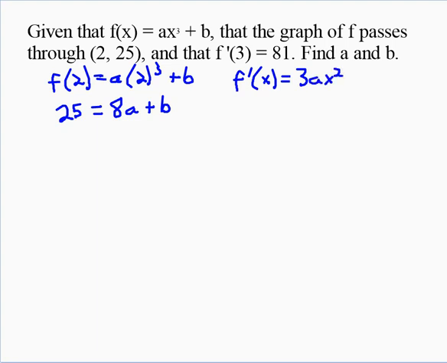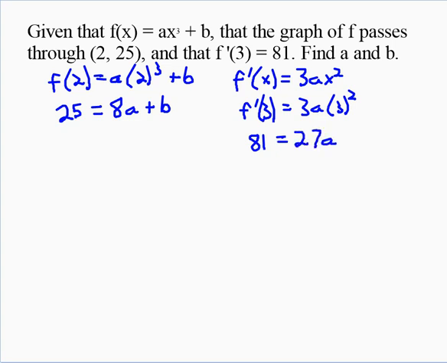And that's it, because the b is a constant and the derivative of a constant is 0. So now let's plug in our 3 value, and this will be 3 times a times 3 squared. Again, we know that f prime of 3 is 81, so we can replace this with 81. Simplifying this side, we get 27a.